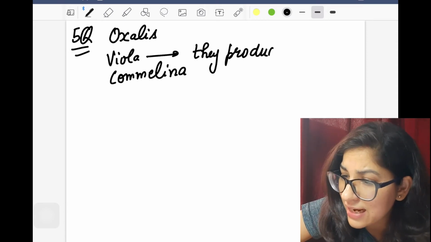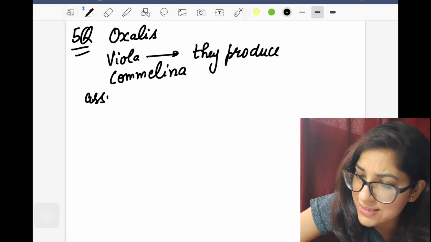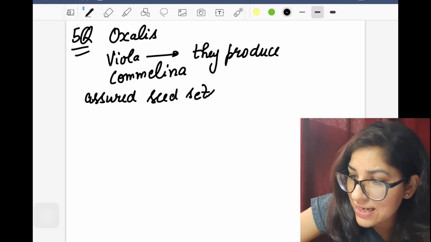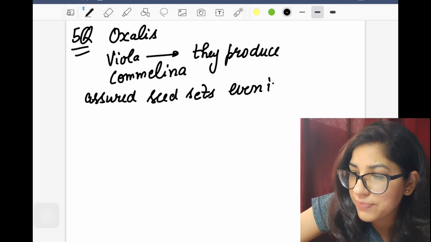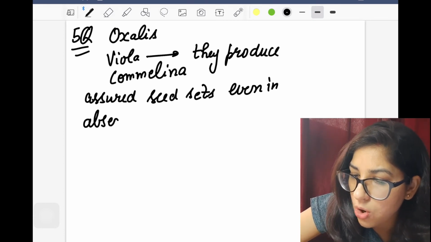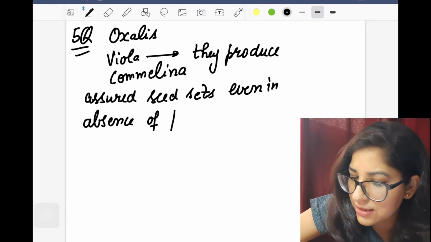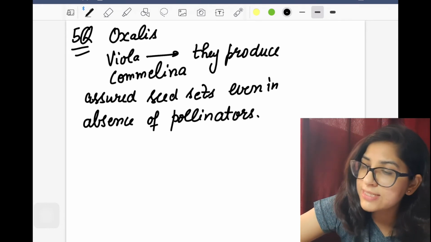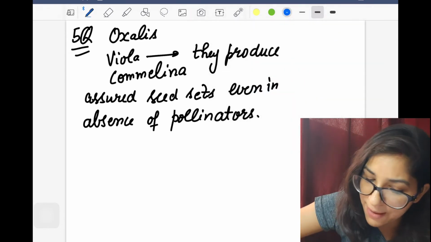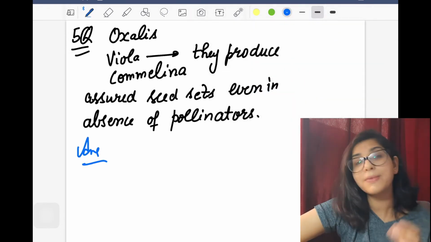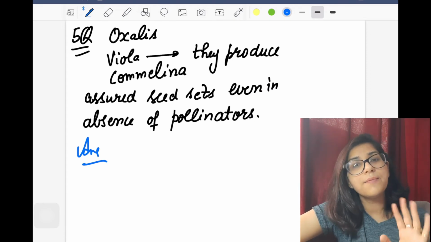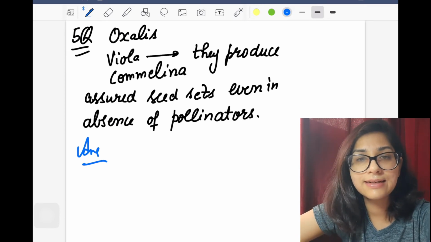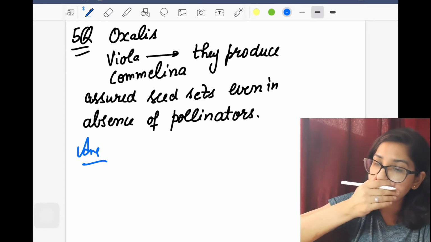There is one direct line from NCERT: they produce assured seed sets even in the absence of pollinators. Give your reason. If you are not reading NCERT, then forget about this question, as you will never get an idea of what we are talking about.